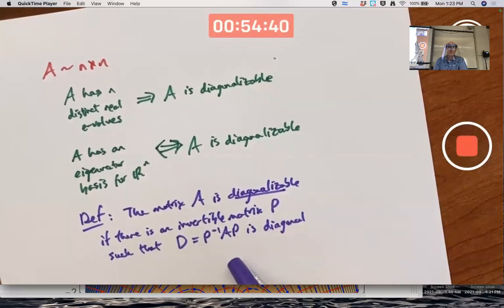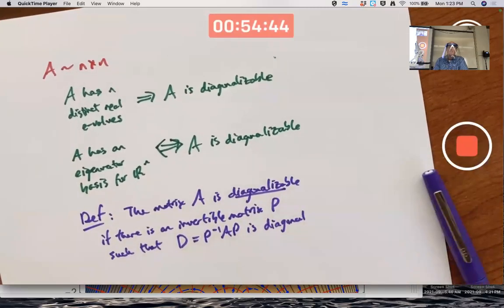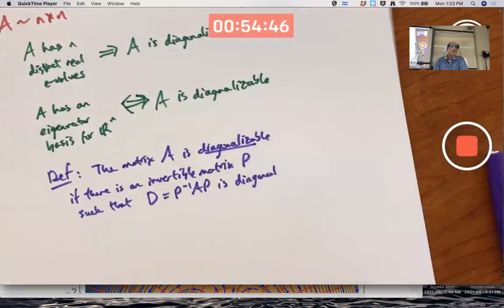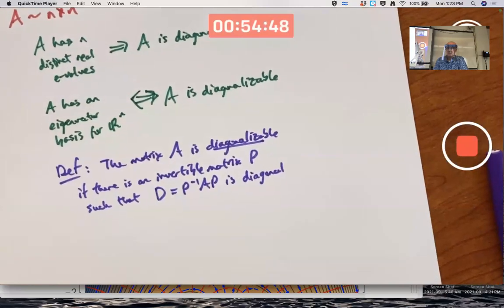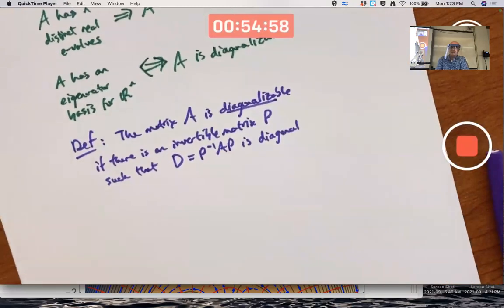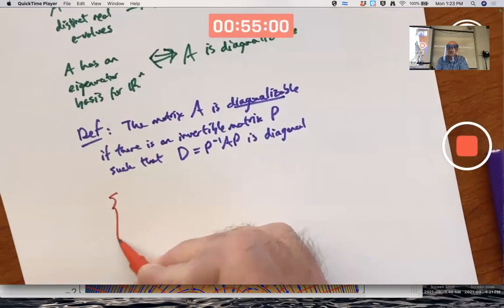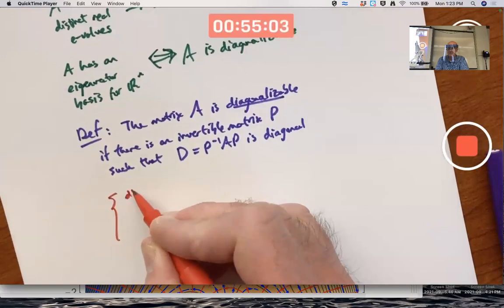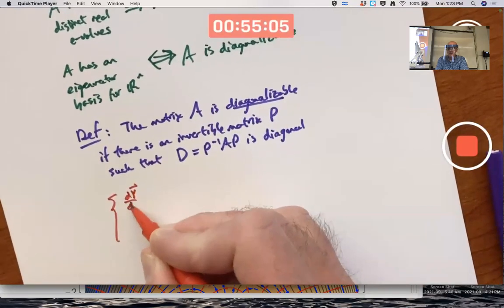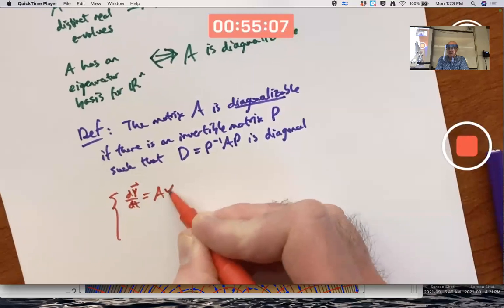Why is diagonalizability important? That's essentially the beautiful generalization, also combined with the fact that diagonalization helps you compute matrix exponentials and matrix powers. For the differential equation case, dy/dt equals A times y.